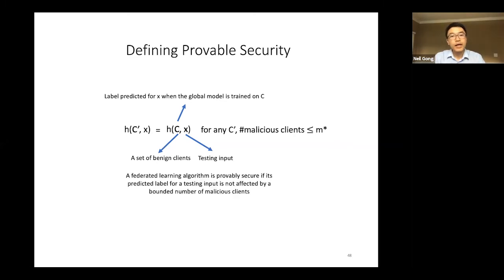In other words, a federated learning algorithm is provably secure if its predicted label for a testing input is provably not affected by a bounded number of malicious clients. Here, we define M star as a certified security level for testing input X. Note that different testing inputs may have different certified security levels.